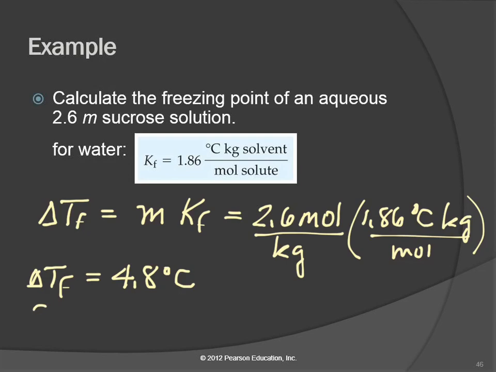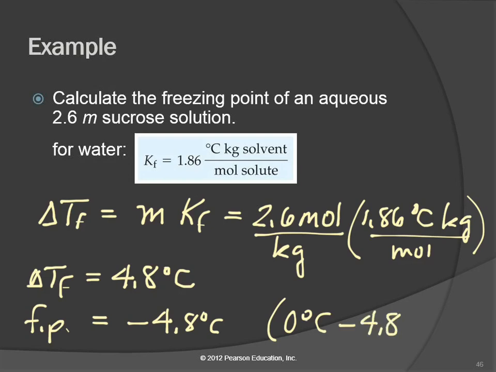So then the freezing point, I'll call it FP, the freezing point is minus 4.8 degrees Celsius. And the way I got that is I took the normal freezing point, which is 0, and I subtracted the change because I know that it goes down. Any questions?